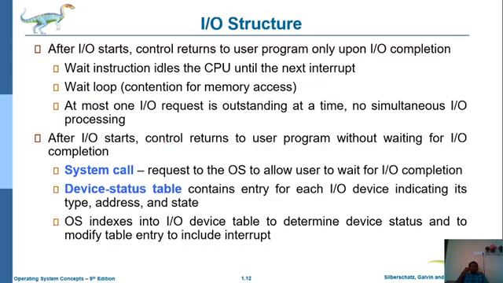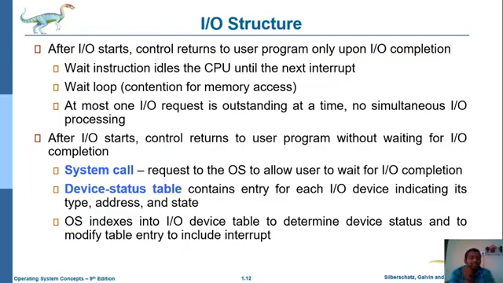And one more thing is that we also use a device status table. The device status table has an entry for each IO device. Just like some buffer memory, it maintains all the IO entries as a buffer pool, in some table format.